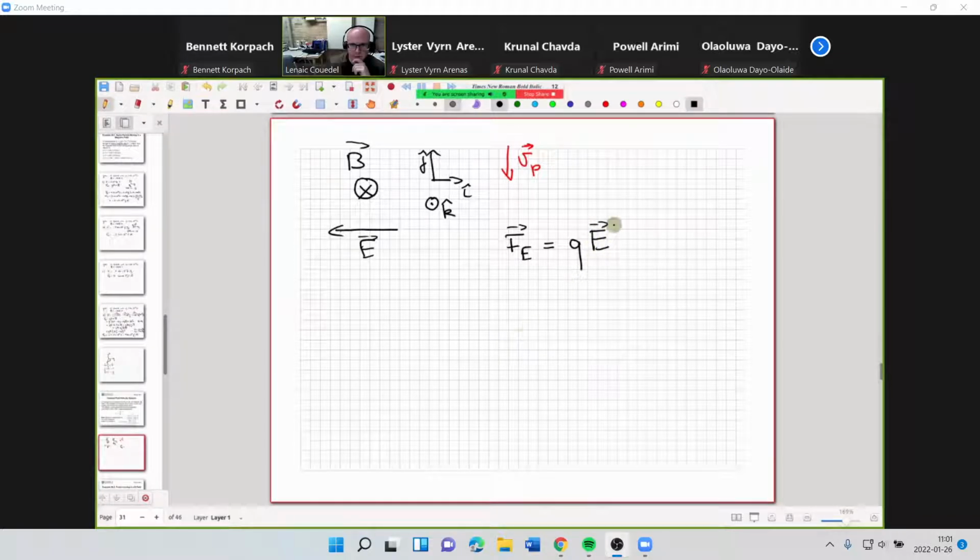Here our electric field is minus E I hat, so the force will be minus Q E I hat. Is that okay for everyone?